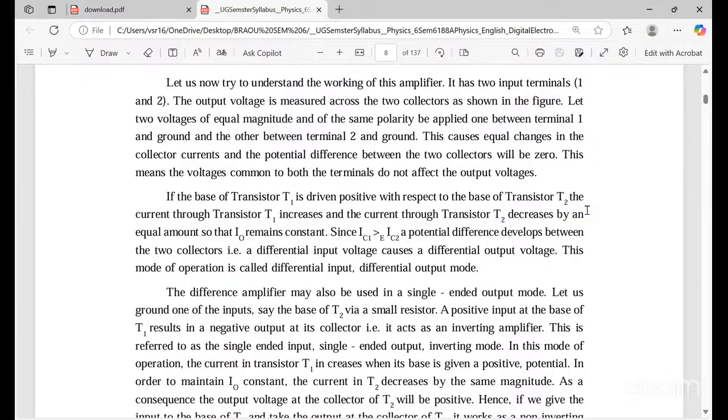I already showed you in the diagram itself. So this causes equal changes in the collector currents and the potential difference between the two collectors will be zero. This means that the voltage common to both terminals does not affect the output voltage.